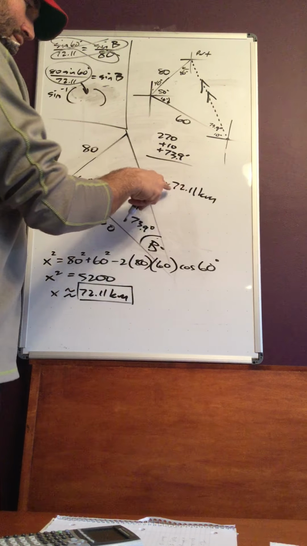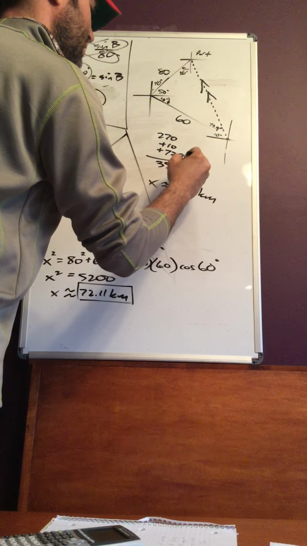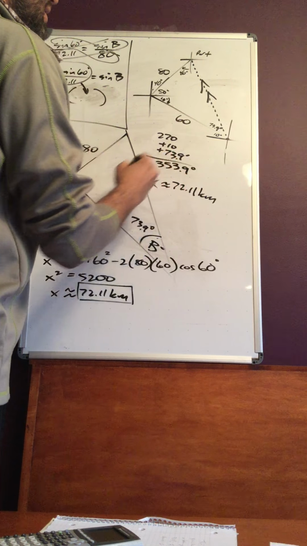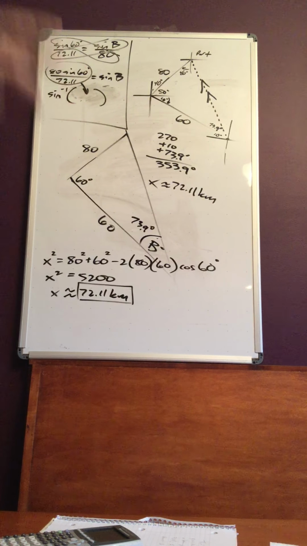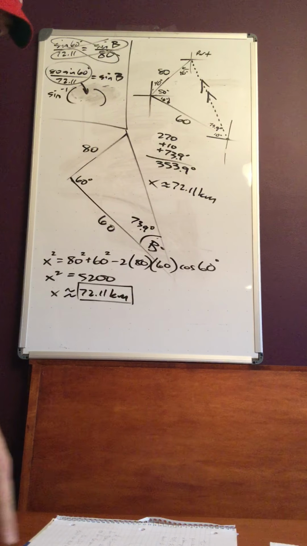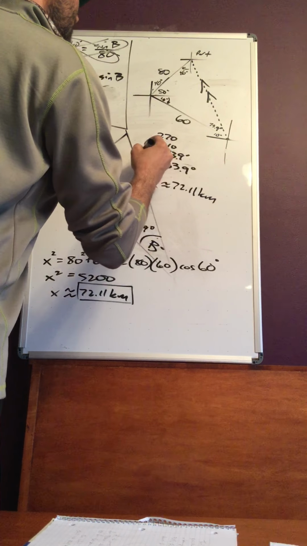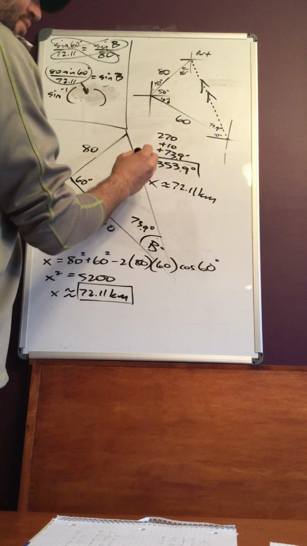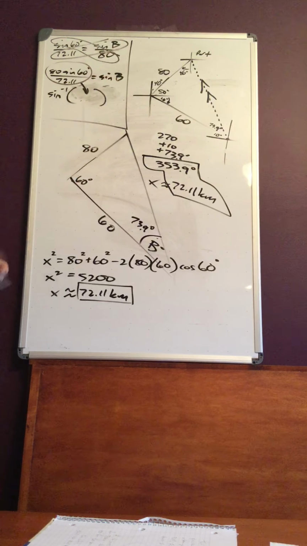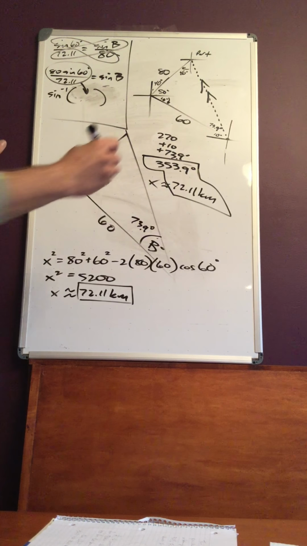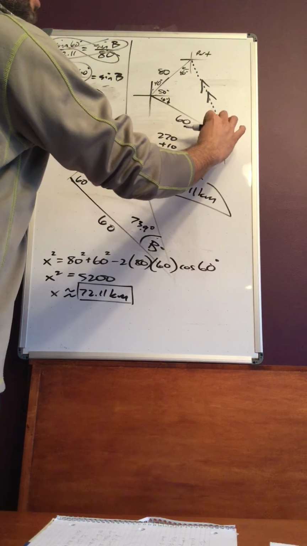So one of these answers is going to be a 353.9 degree bearing. So that would fully answer our question. They asked on what bearing and how far should the sub travel to return to port? On a bearing of 353.9 degrees for a distance of 72.11 kilometers.